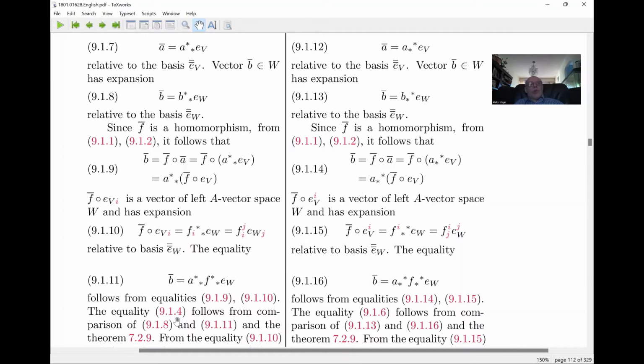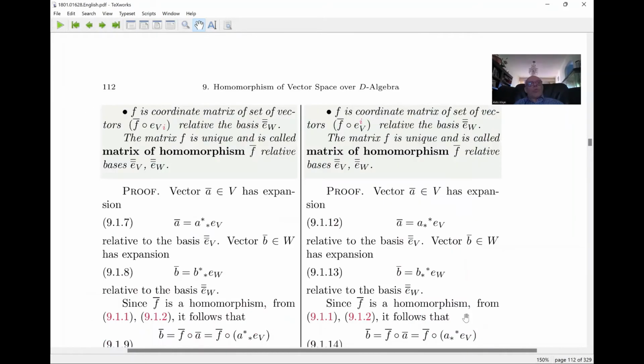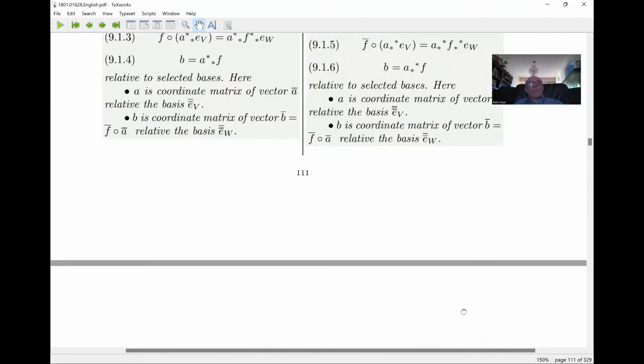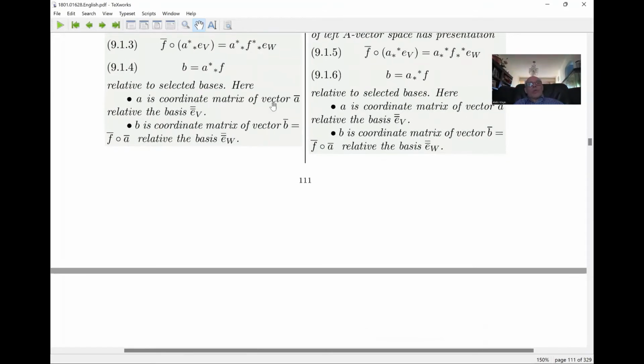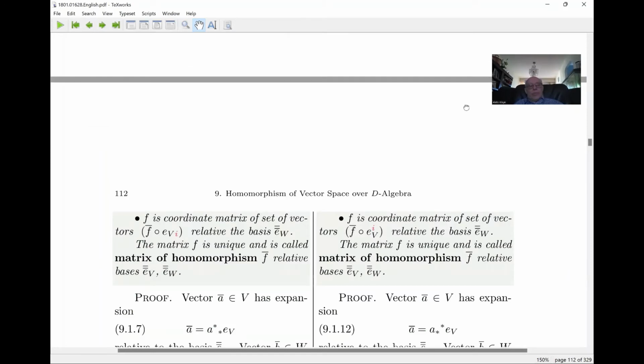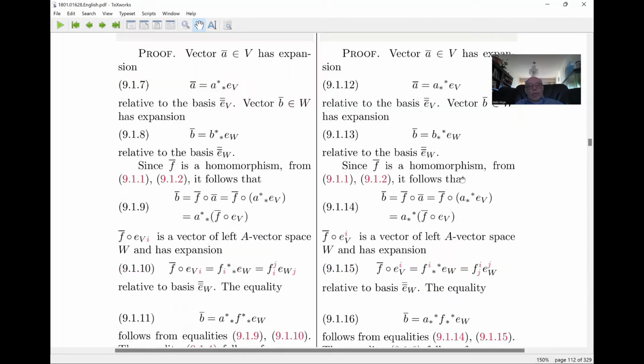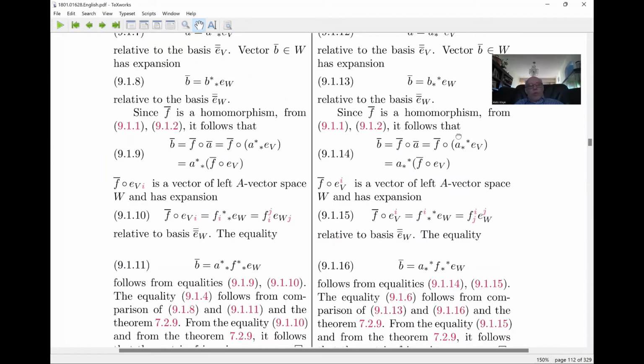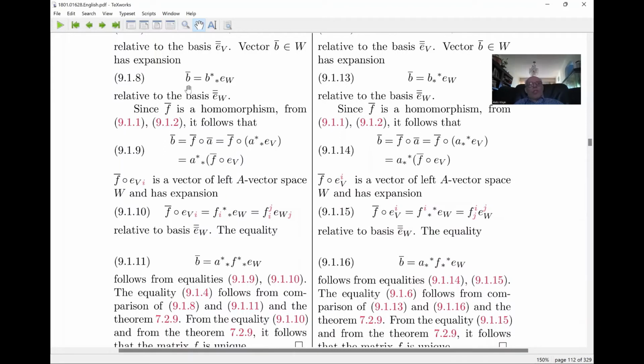The equality 1.4 follows from comparison of 1.8 and 1.11.